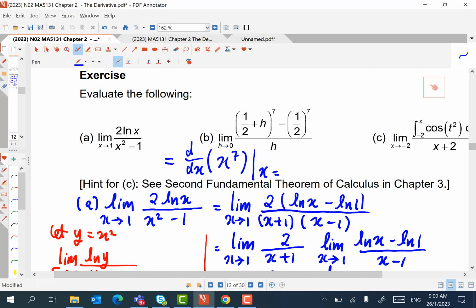I want the whole class to echo together. 1, 2, go. x equals half. Okay, it's half. Good. So this gives you in the end 7 over 64.